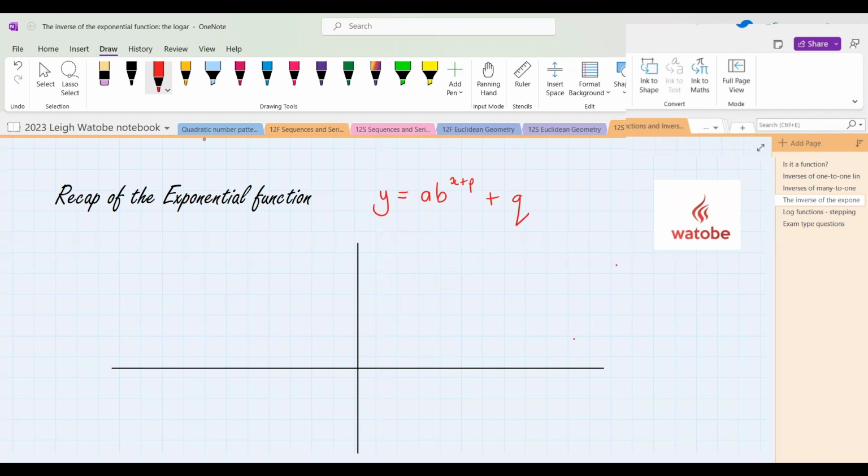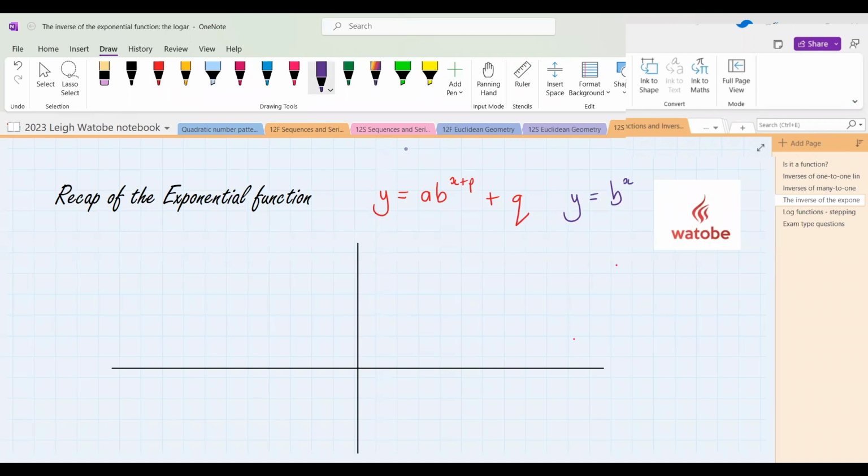But as far as we are concerned now in grade 12, when we're just talking about the exponential function and its inverse, we don't have to worry about the a and the q and the p or anything like that. All we're actually concerned with at this point is its simplest form, which is y equals b to the x, just like that.